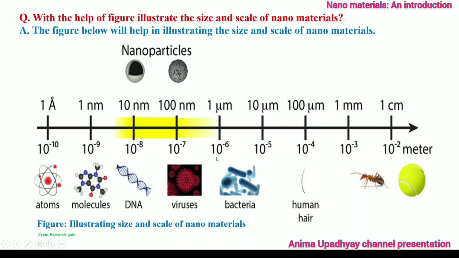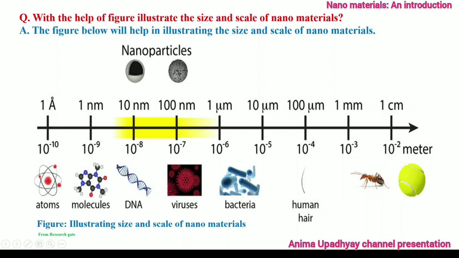Below the arrow is written the meter in powers of 10. So you can see here that atoms are only 1 angstrom and the smallest. Then coming to the molecules, they fall in the 1 nanometer length scale. DNA molecules 10 nanometers. Viruses 100 nanometers.